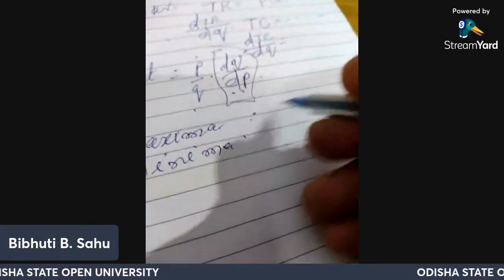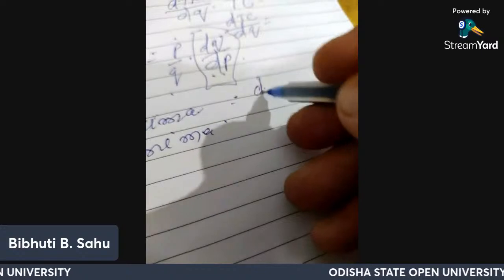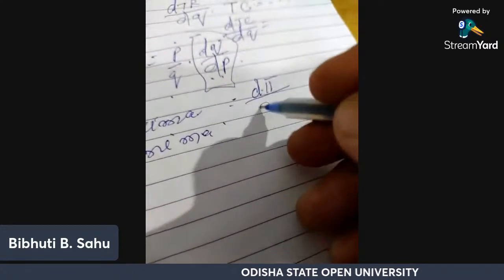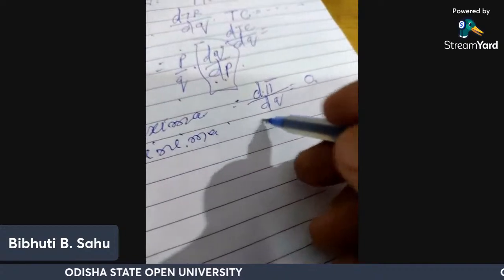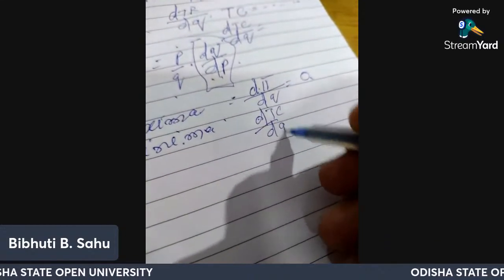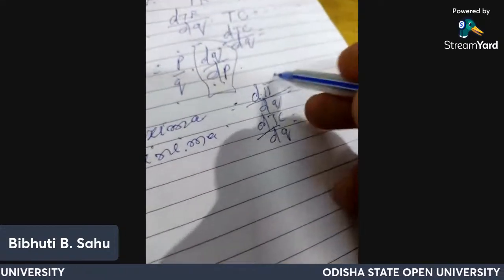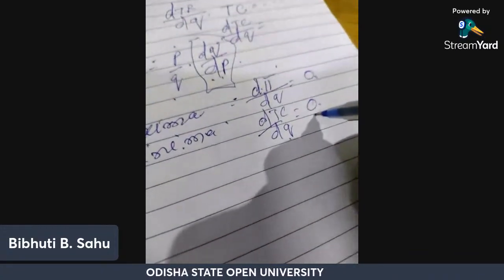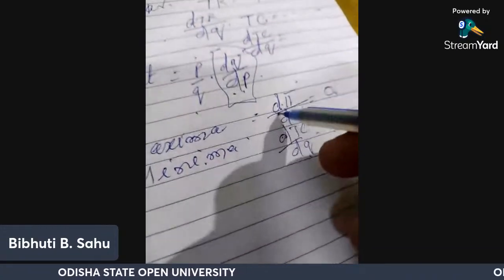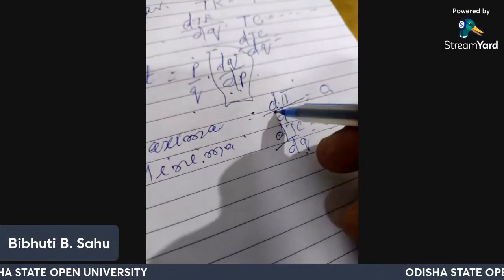That means to maximize profit, let d pi by dq be equal to 0. To minimize the cost, dTC by dq is equal to 0. In both cases, the first order condition is 0, and this can be found out by the application of derivatives.